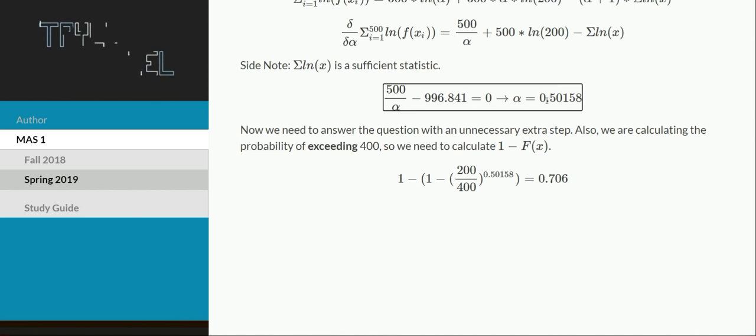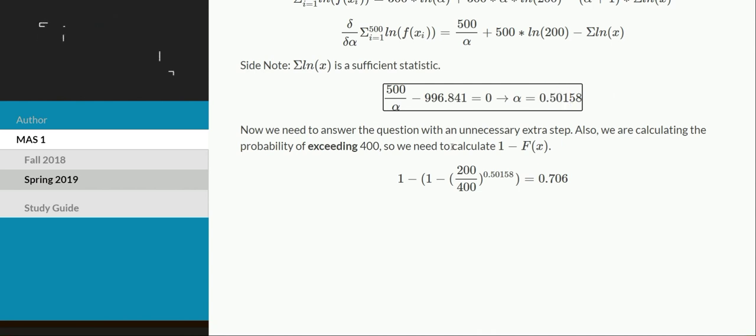I feel like a broken record, but whenever you feel like you have the answer to a question, I highly recommend you at least reread the final sentence of the question to make sure that you're not at a middle step in the problem, which is where we're at currently. That's because the question asked for the probability of a claim exceeding 400. It didn't ask you for alpha.